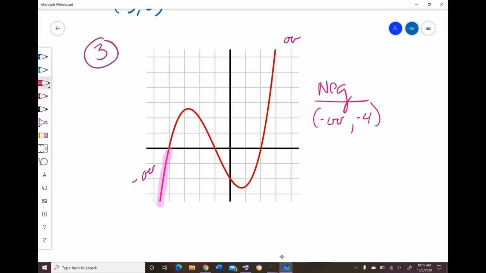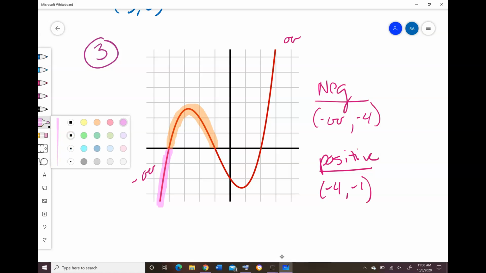Then it switches, because now I'm above the line, and when you're above the line, you're positive. So I'm positive from -4 to -1. Then I switch again, and I'm negative.